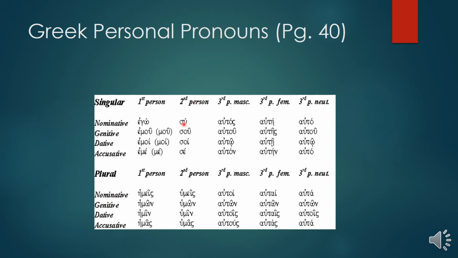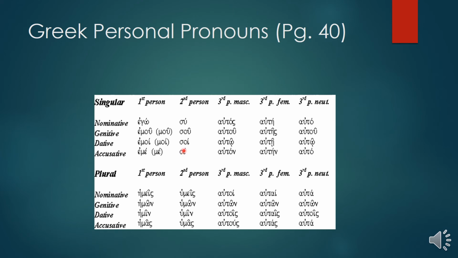Now let's look at the second person. The second person pronoun you in Greek in the nominative form is su. But if I want to say of you or from you, I would say sou in the genitive. And there I have the genitive ending ou. If I want to say to you, it's soi in the dative case. To you, in you, over you. Se is the accusative case, you, direct object.